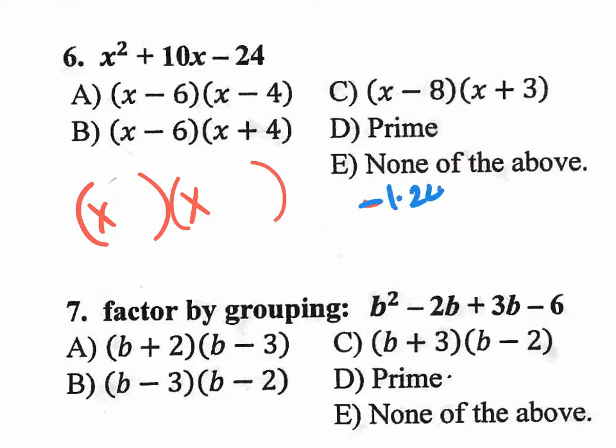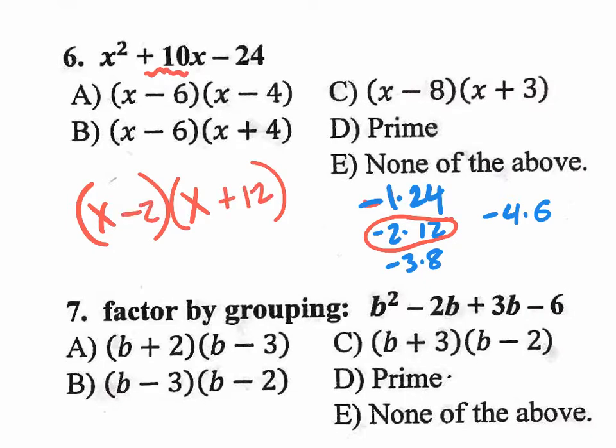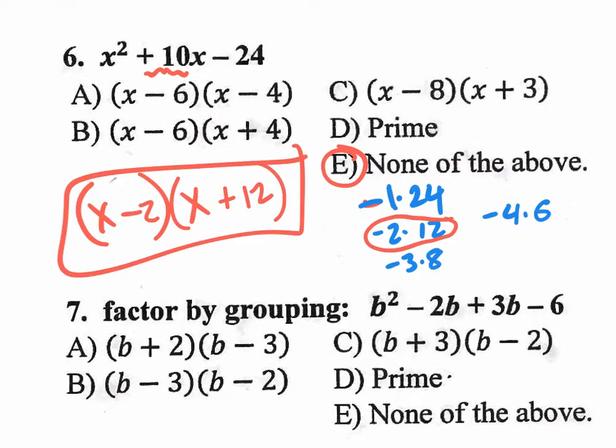Negative 1 times 24, negative 2 times 12, negative 3 times 8, negative 4 times 6. And of course, when you add these guys, you get the positive 10. So it is negative 2 and positive 12. Now, which option is it? None of the above, because this is the answer. It's just not there. Let's move on to number 7.